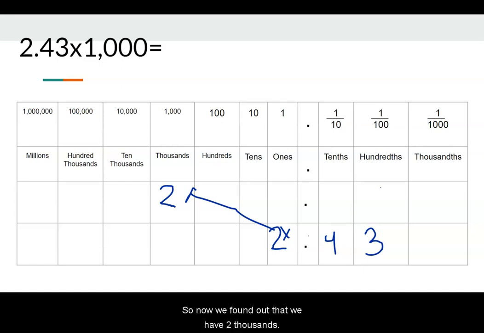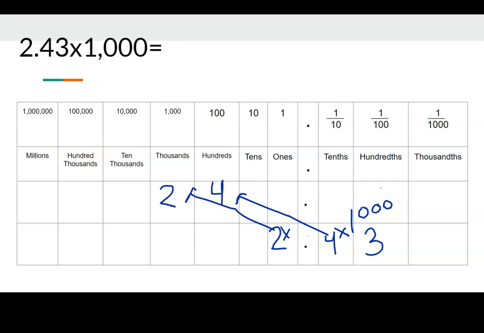So now that we found our 2,000s, we have to take our 4 tenths and multiply them by 1,000. If I have 4 tenths and I multiply that by 1,000, I will get 4,000 tenths, which is going to be the same as 400 ones.